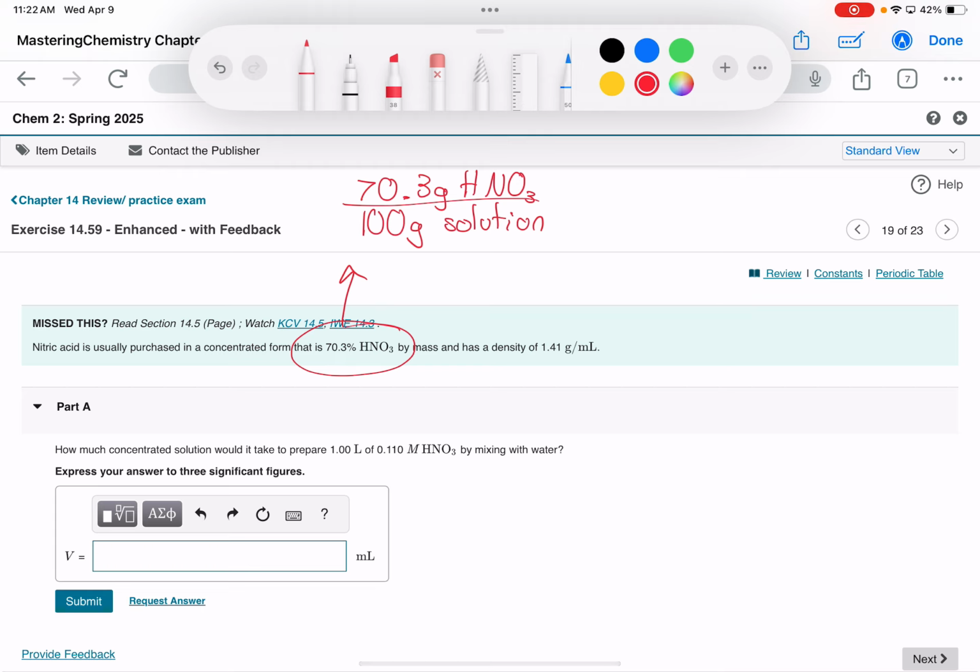We probably don't need to know it broken down into water, so I'm not going to mess with that. I'm just going to leave it as grams of solution. Realize if for some reason you needed to know how much water there was in particular, it's going to be that 70.3 plus whatever else makes 100. So 29.7 in this instance. So you can break it down further if you need to.